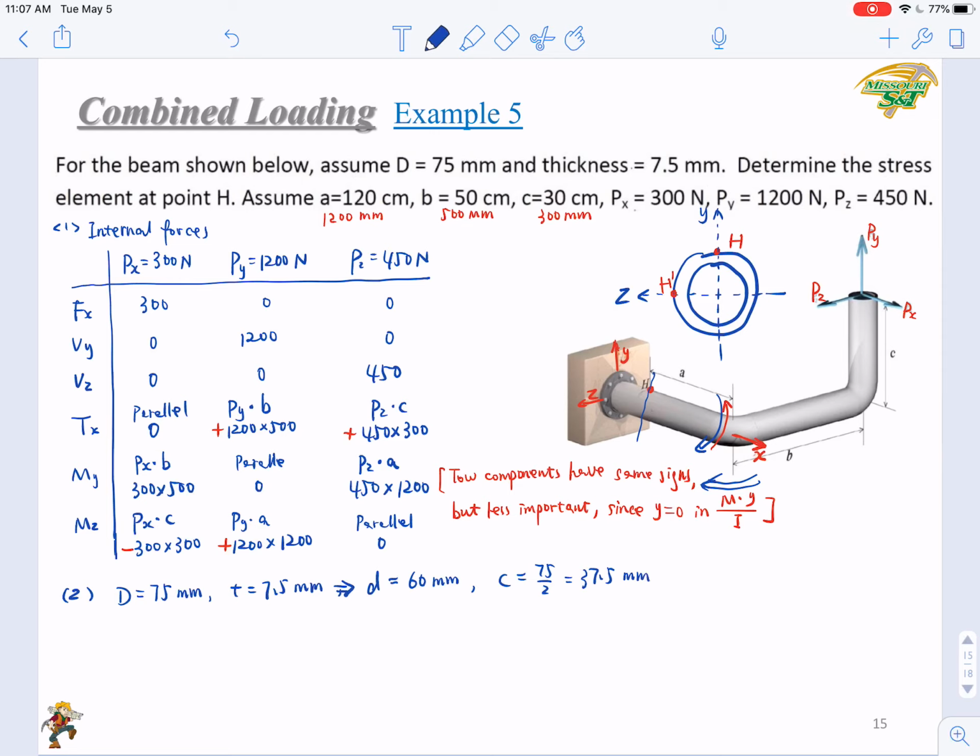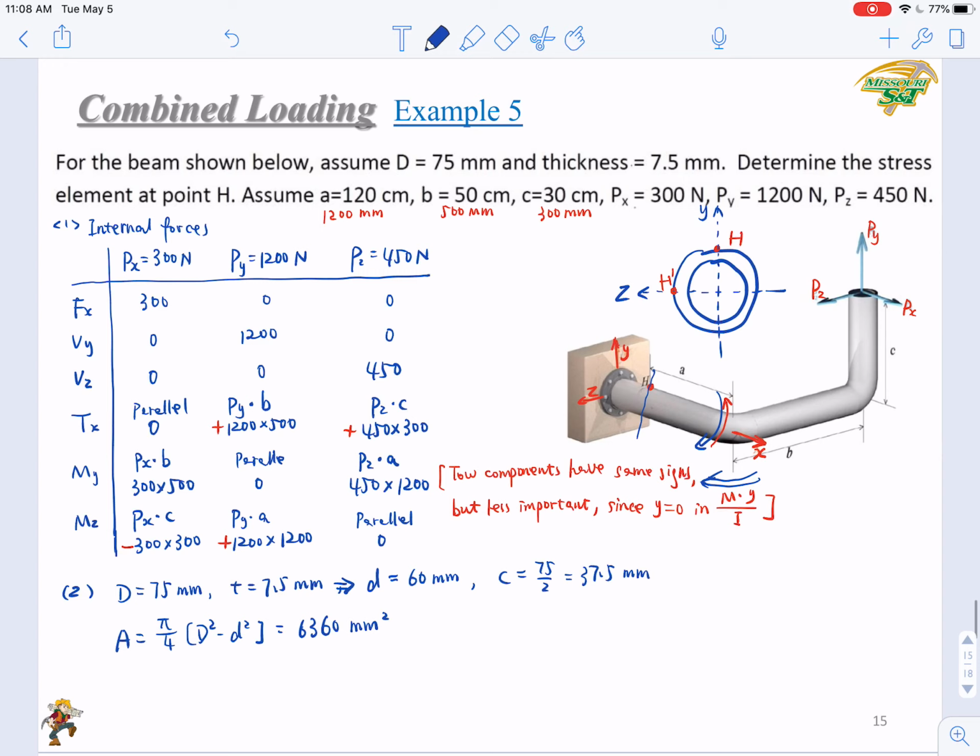Knowing these values, we can calculate the cross-section area. Cross-section area will be pi over 4 times D squared minus d squared. d will be 60. And Q max is just the maximum possible Q value when you use VQ over It to calculate shear stress, right?